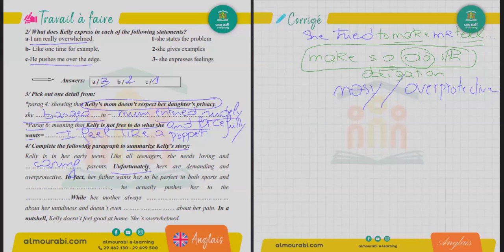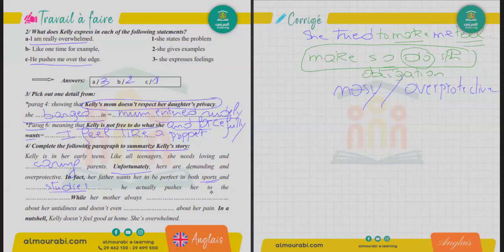They are overprotective. In fact, her father wants her to be perfect in both sport and studies. Very good. He wants her to be good in her education or studies and in sports. He wants her to be a good sportswoman.